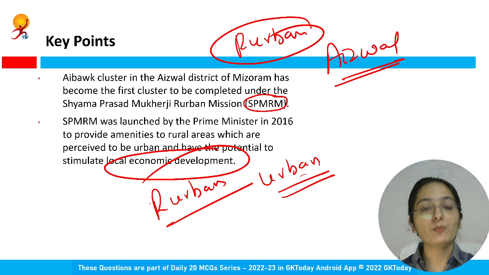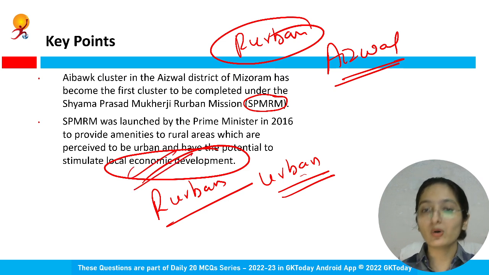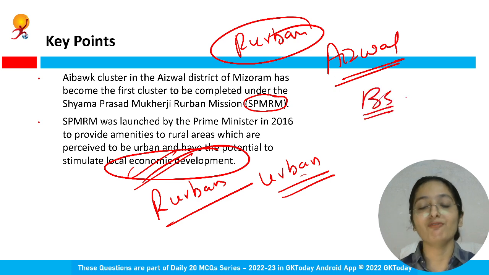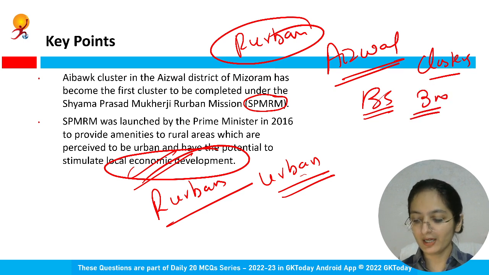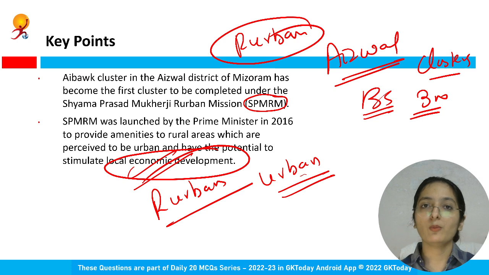So without compromising the essence of the rural area, you are providing facilities that are essentially urban in nature, stimulating local economic development, enhancing basic services, creating well planned clusters. So the target is to create 300 clusters in the country that have all these social, economic and infrastructure facilities. When was this mission launched?